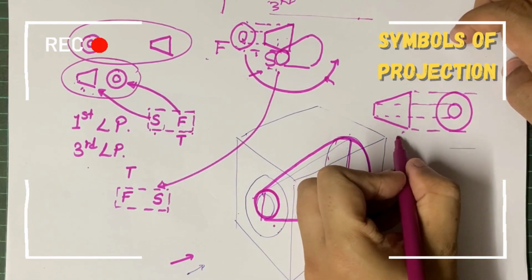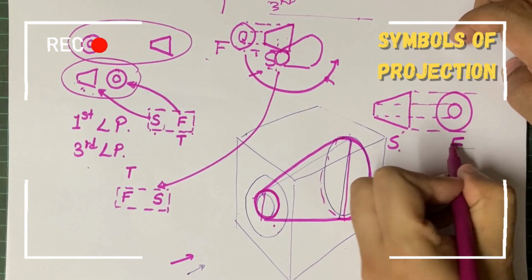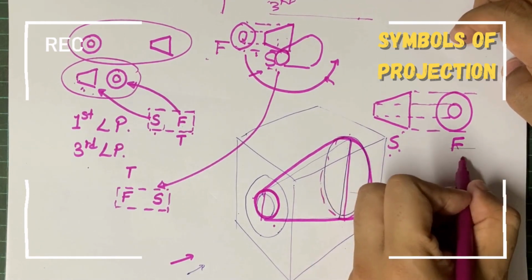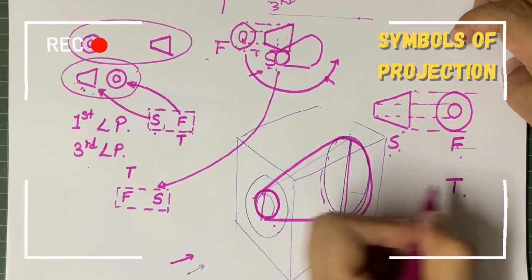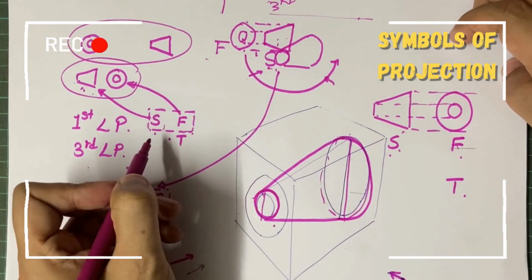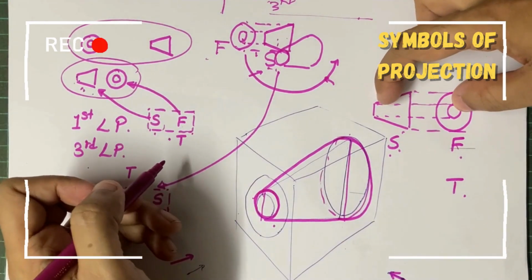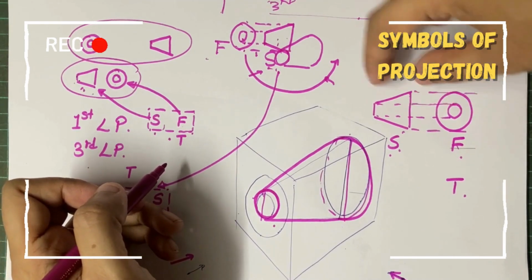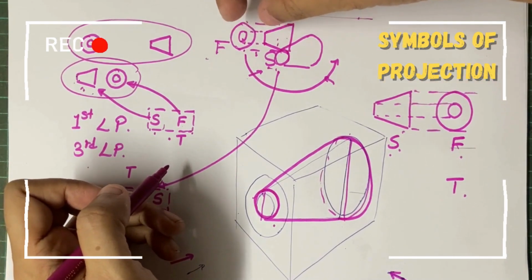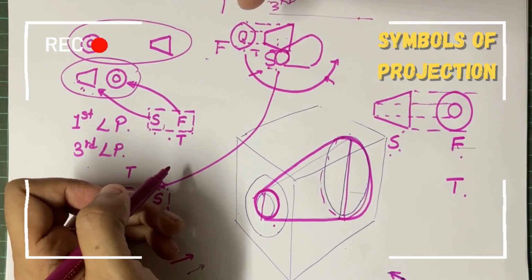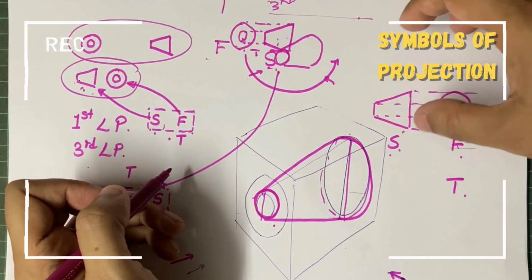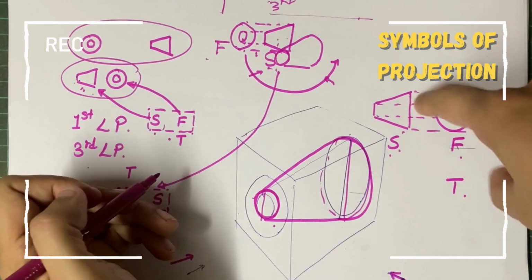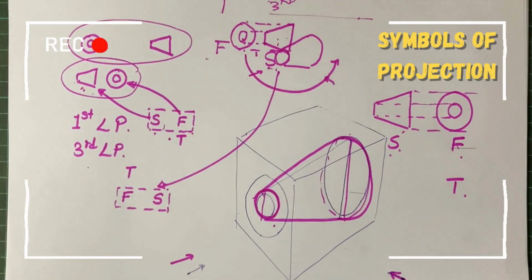Here it says that the side is first, front is after that, and therefore side, front, and the top is below, which is what you're seeing over here. So this is how you would denote first angle of projection, and this is how you will denote the third angle of projection. They can choose to give you this and say draw as per this, or they may tell you which view to draw it in.